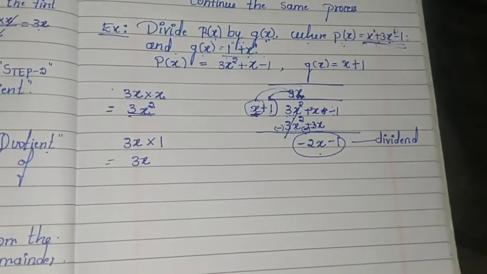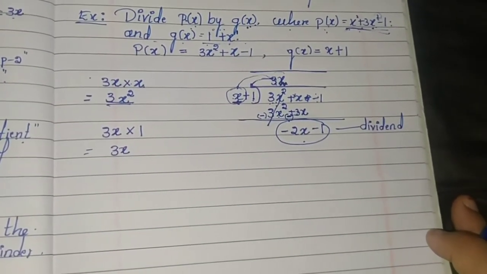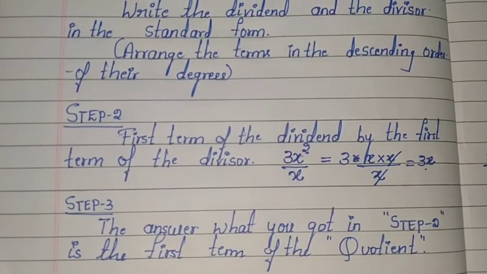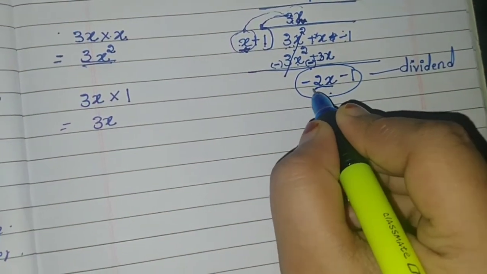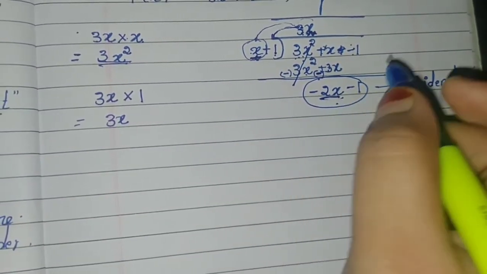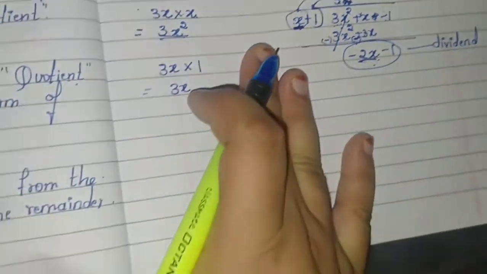So what you have to do now? Same procedure you have to follow, what you have followed in step 2. So what is step 2 again? The first term of the dividend divided by the first term of the divisor, isn't it? So this is your first term of the dividend, isn't it? So the first term of the dividend is divided by the first term of the divisor. Same procedure you have to follow here.